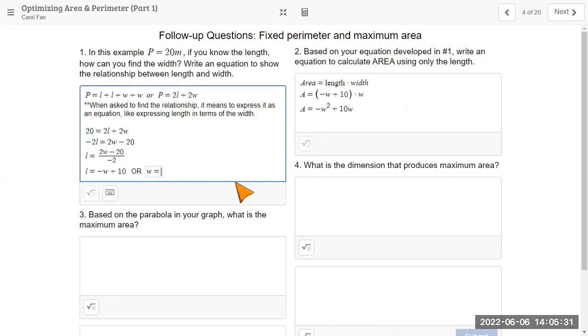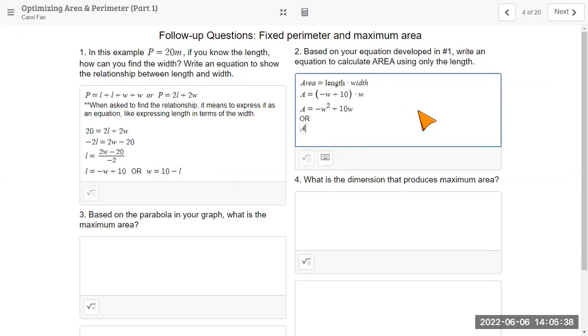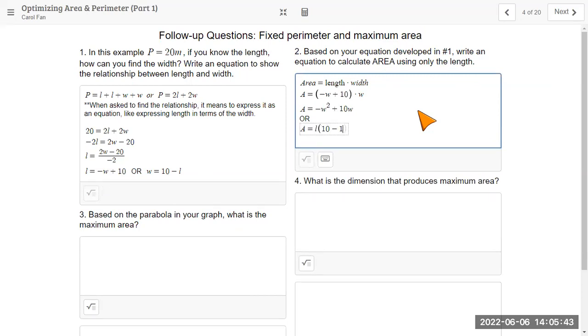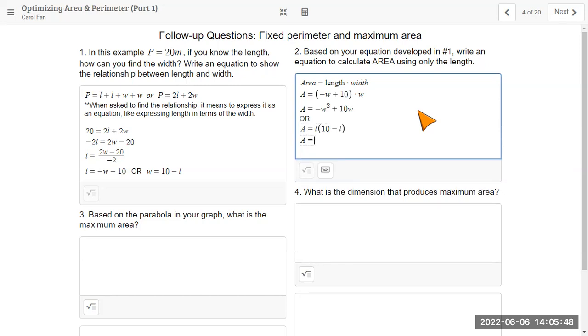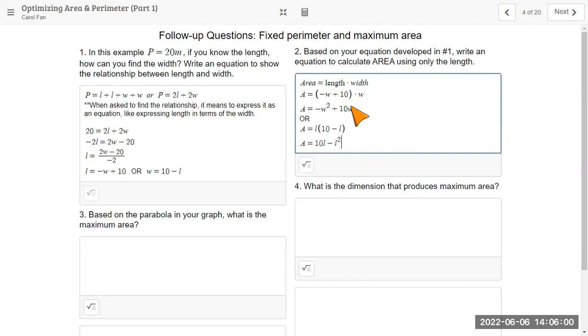I would have width is equal to 10 minus L. Okay, so another option I could have: A is equal to length times 10 minus L. So area is equal to 10L minus L squared. We've expressed area either in terms of the width or in terms of the length. Same thing, just using a different variable.